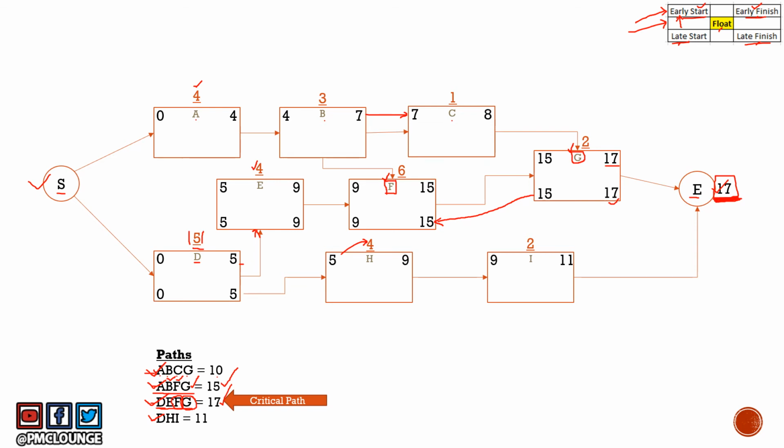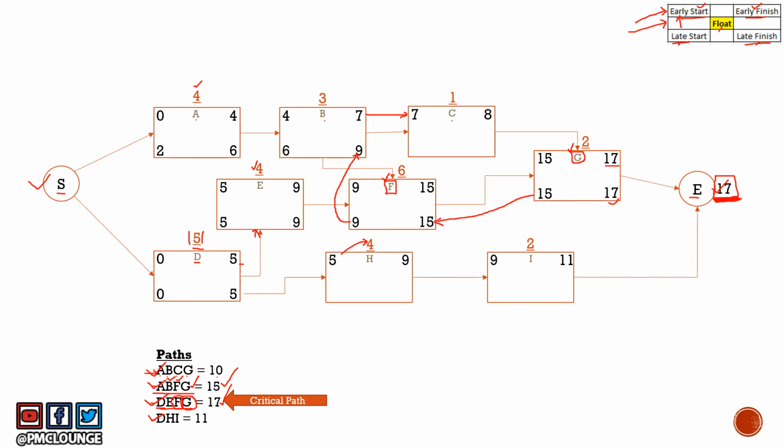So what do we do? We carry over the late start of F and we enter the value as the late finish for B here. So we get 9 here. The duration is 3. So the late start will be 6. Then similarly for A, the late finish is going to be 6, and since the duration is 4, subtracting 4, we get 2. So this is the late start for A.